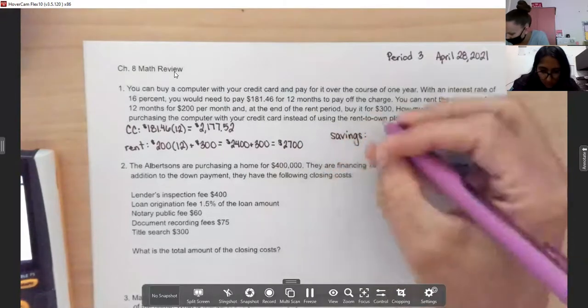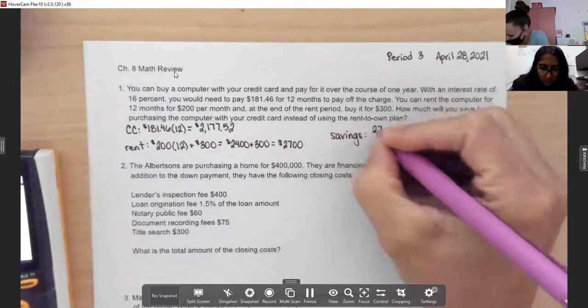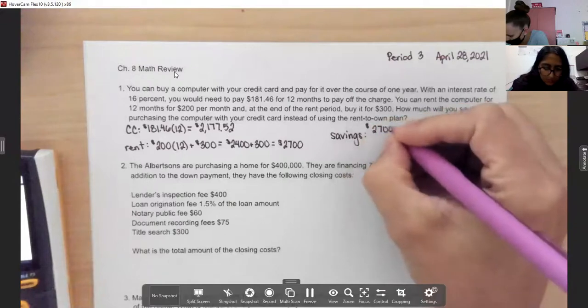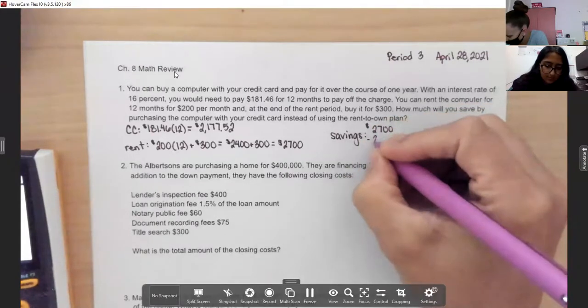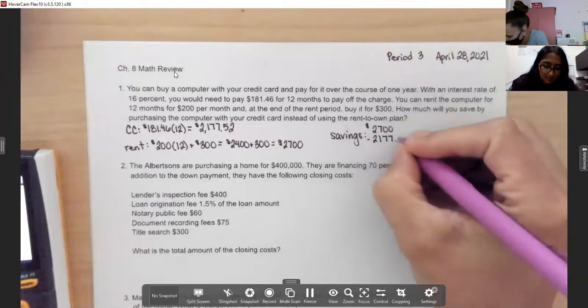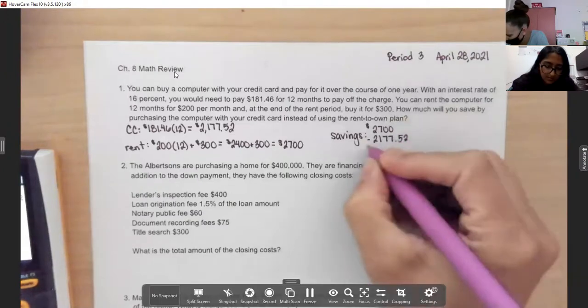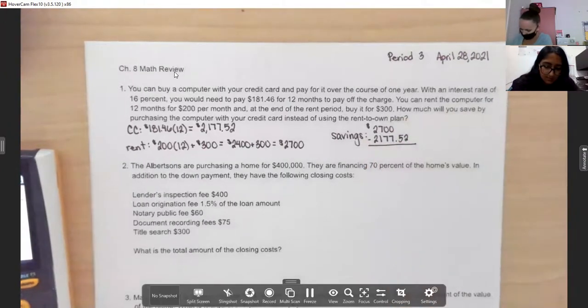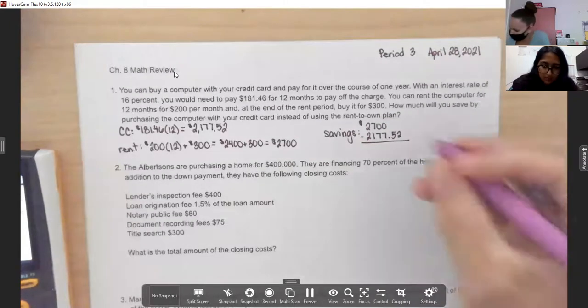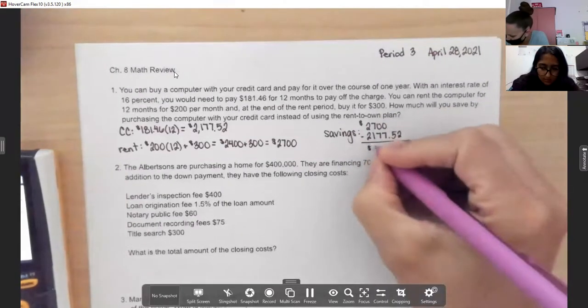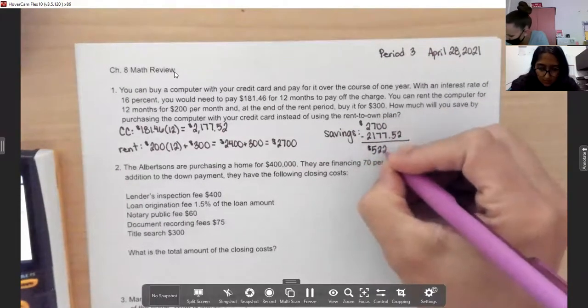So for the savings, 2,700 minus 2,177.52 is a savings of $522.48.